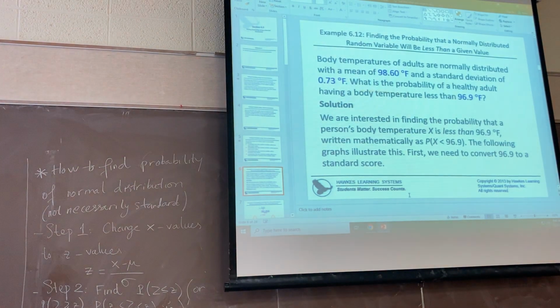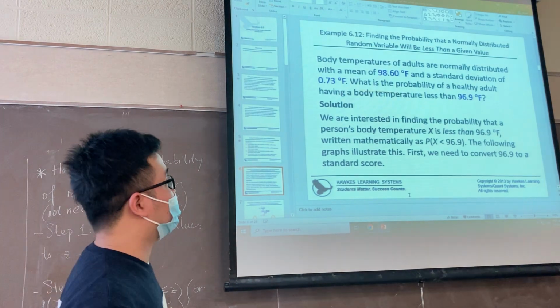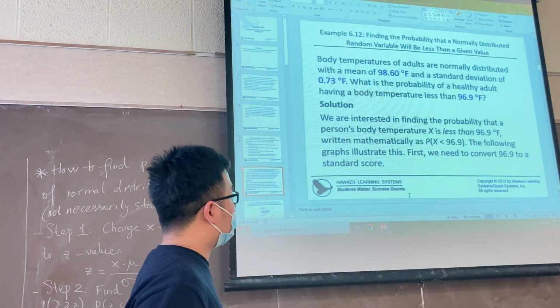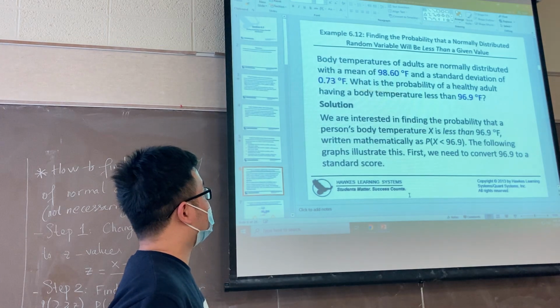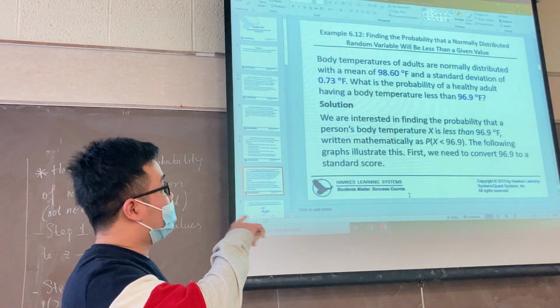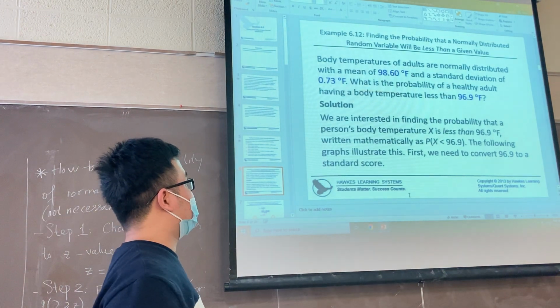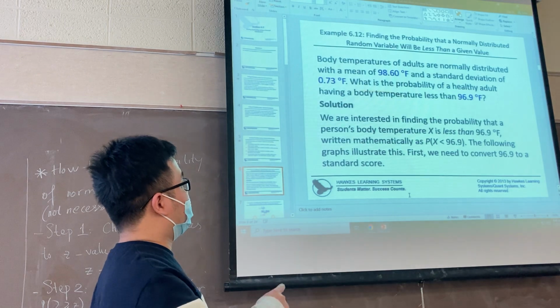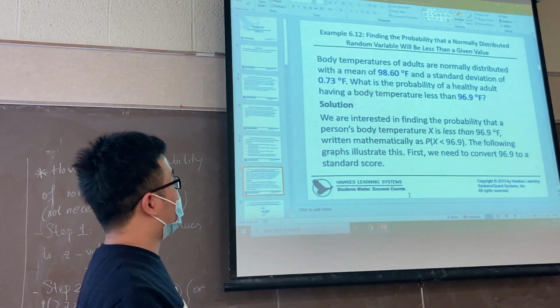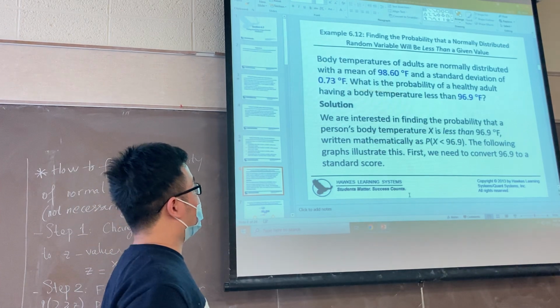Okay, so now I will give you an example. Here we have the body temperatures of adults that are normally distributed, with a mean of 98.6 Fahrenheit and a standard deviation of 0.73 Fahrenheit.